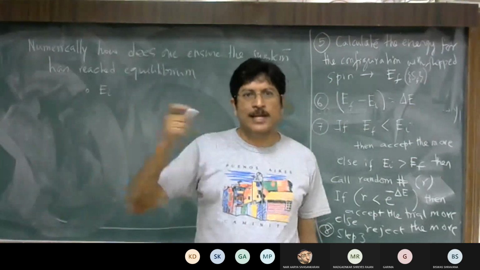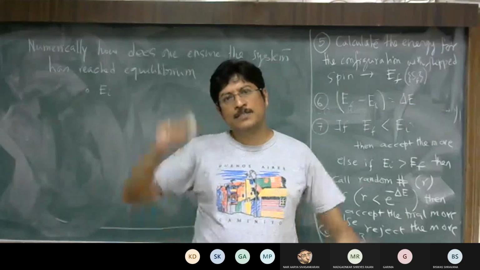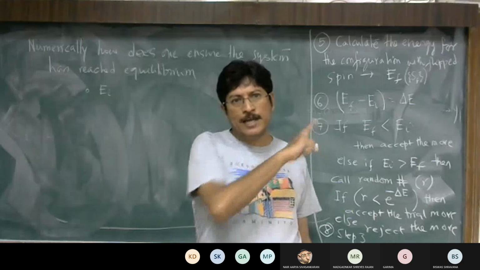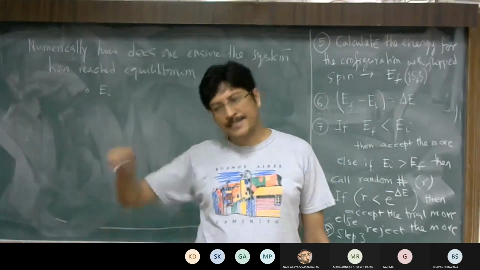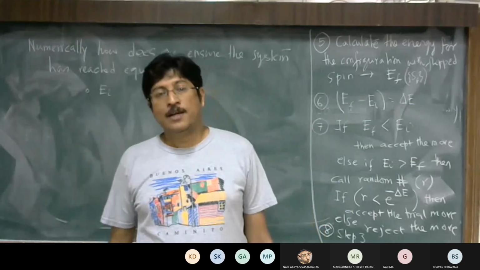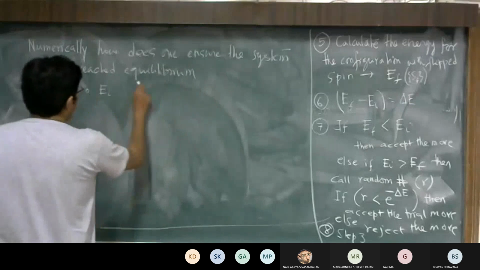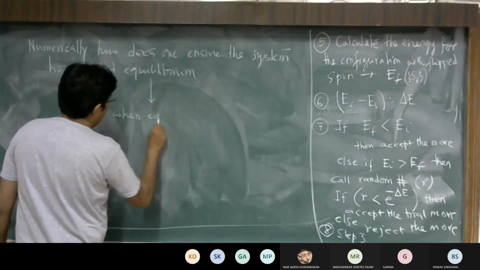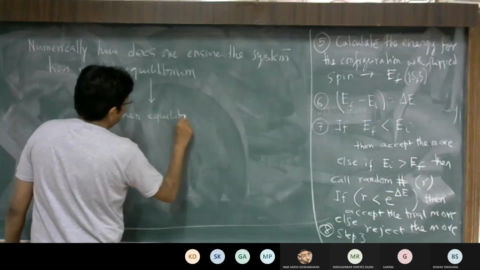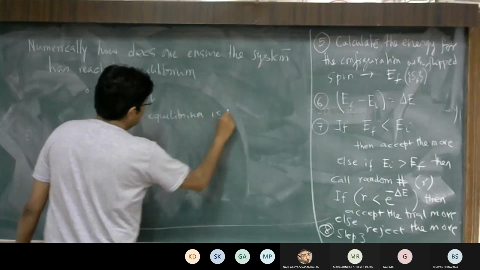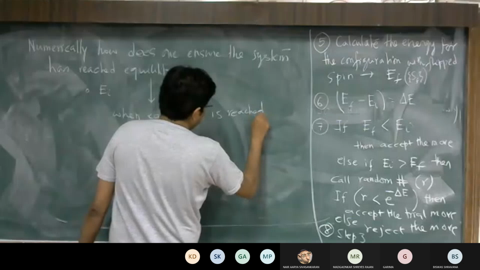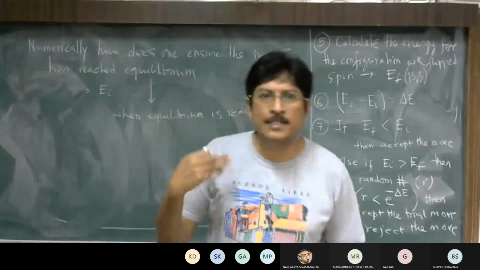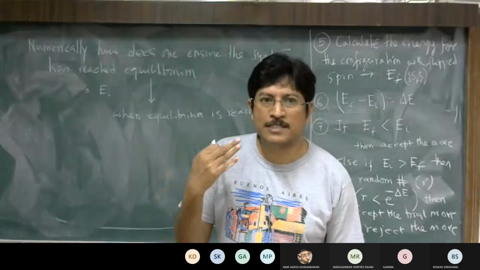Now, when you start doing this dynamics, that means you keep on flipping the spins for these different sites. Obviously, the energy that you see will keep on changing as you keep on flipping the spins. Now, by definition, when equilibrium is reached, the signature of equilibrium is that things do not change in time. Remember, this is a very generic thing.